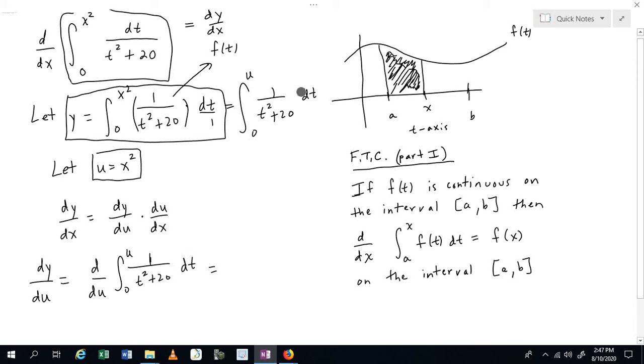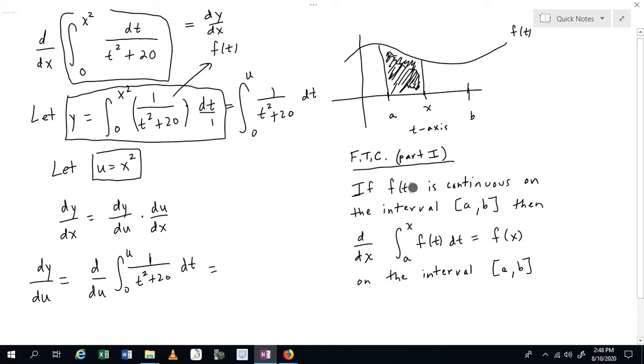This is an area function. It gives you the net area trapped between this function and the t-axis, starting at 0 and ending at u. So that's a net area function. And notice I'm taking the derivative of it with respect to u, which is the upper limit here.